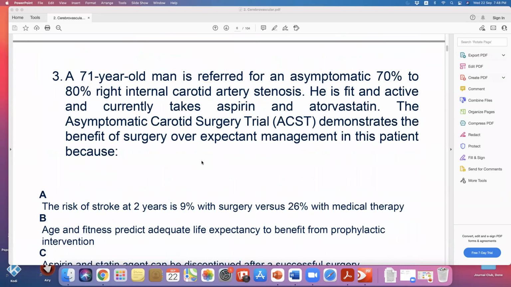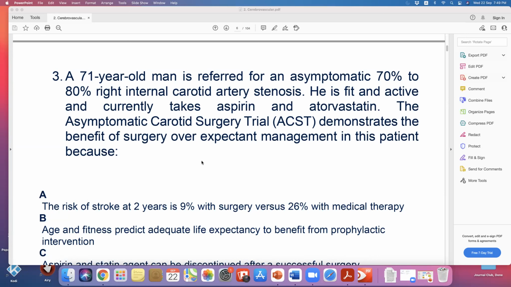Okay, go ahead. A 71-year-old man is referred for an asymptomatic 70 to 80% right internal carotid artery stenosis. He is fit and active and currently takes aspirin and atorvastatin.